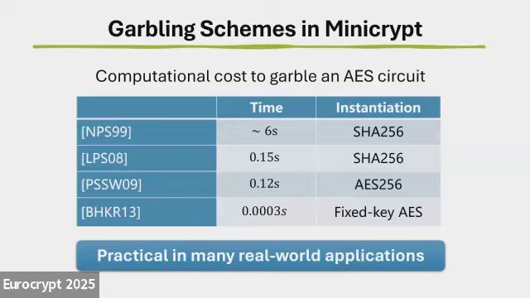With symmetric primitives, garbling can be very efficient. Taking the example of garbling an AES circuit, it used to take seconds, but now it can be completed within 1 millisecond by using hardware optimizations such as the AES new instruction set. So it's quite practical.